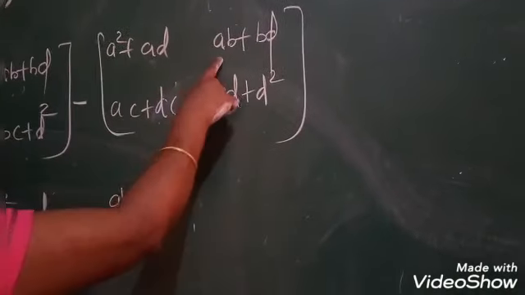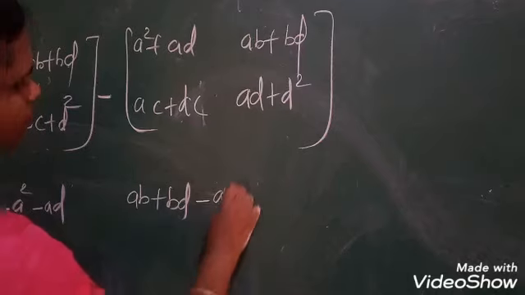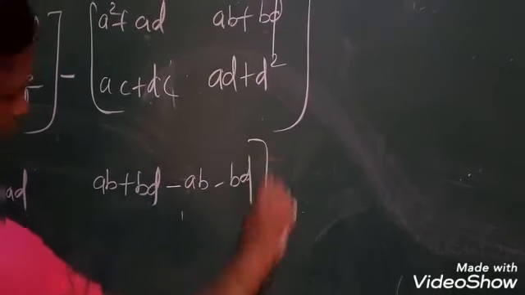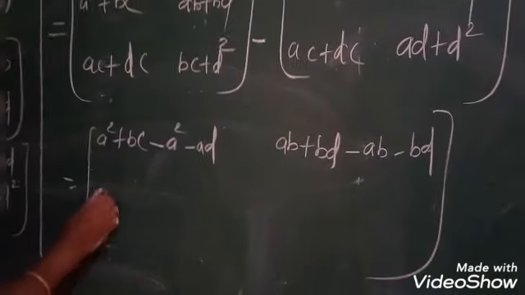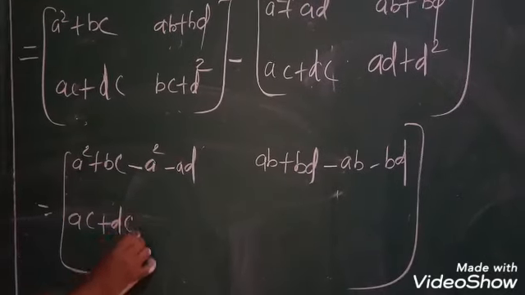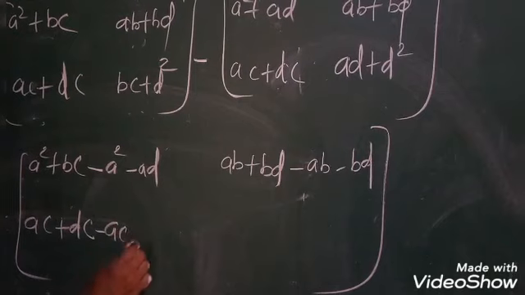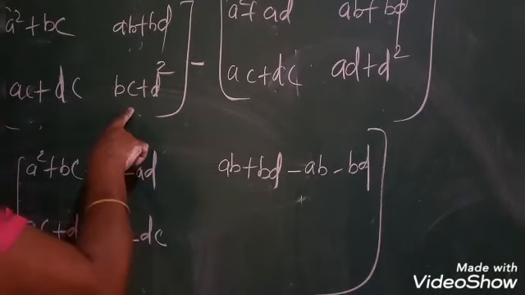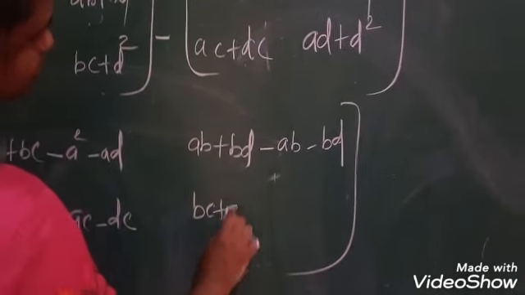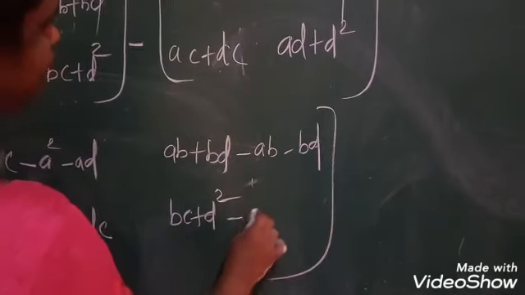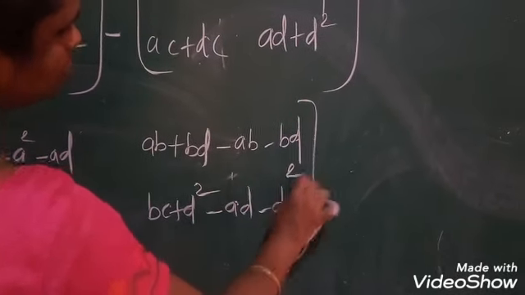Here the minus is common for both. Minus AB minus BD. Okay. The next here AC or DC or CD. Here also the minus is common for both elements. So minus AC minus DC. Then next here, BC plus D squared you want to subtract. Here minus AD minus D squared.